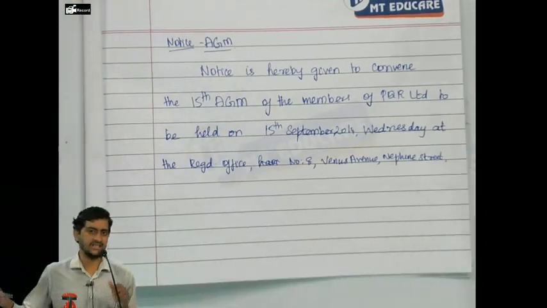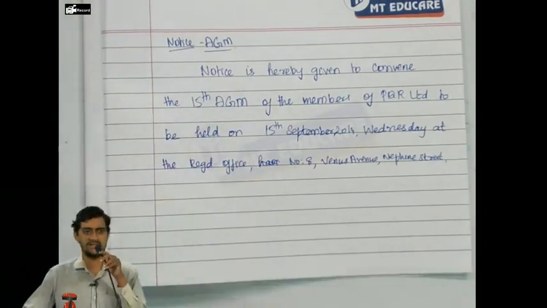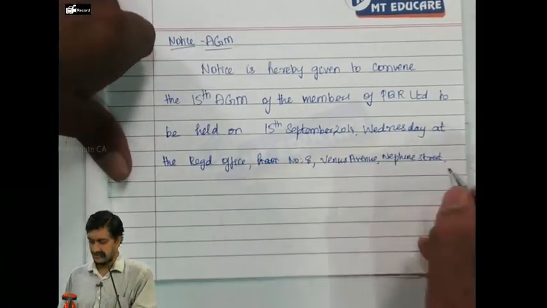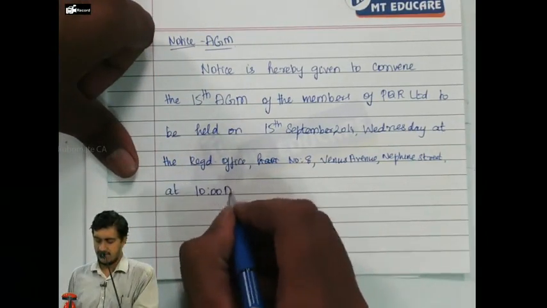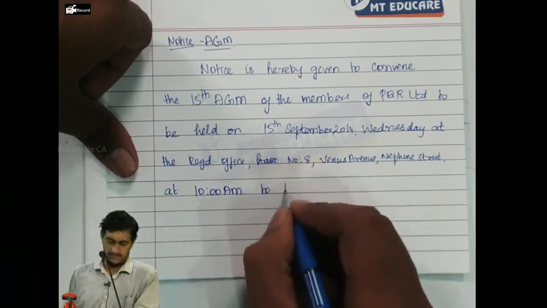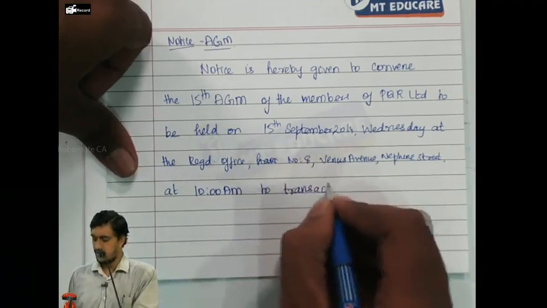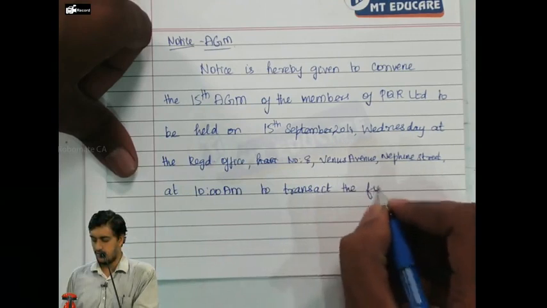Like this you can use these things, Venus, Neptune, Mars, of course, if you remember all those things. So at 10 a.m. to transact the following business.